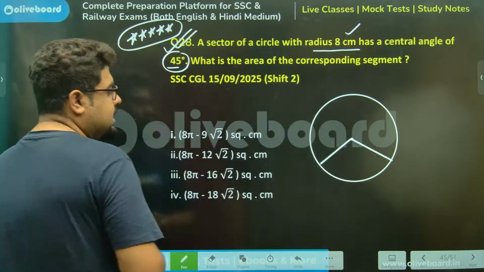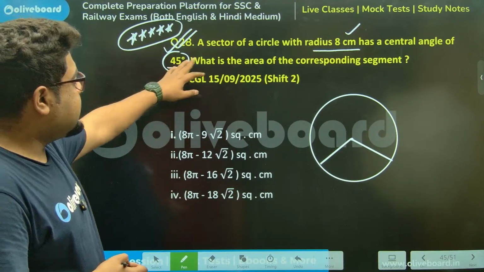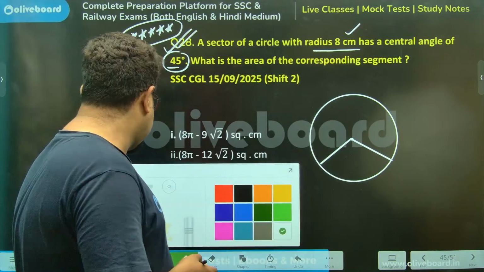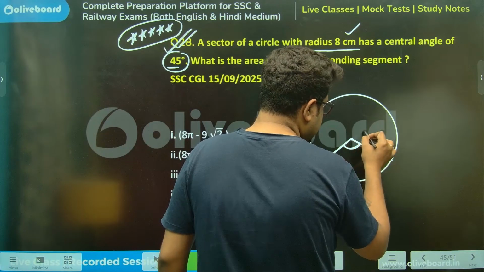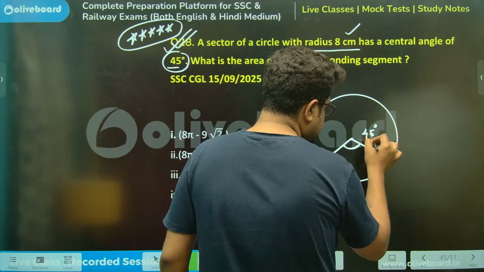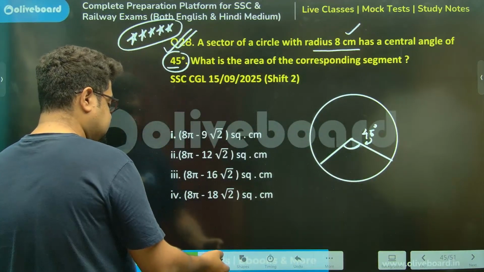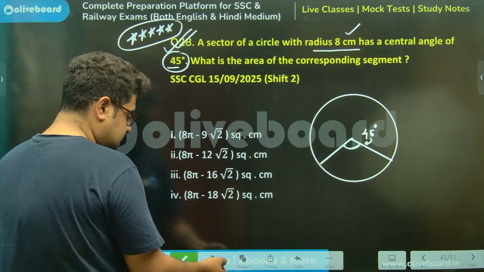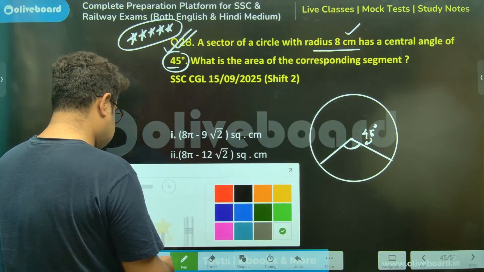Sir, this is a segment, or a sector, I should say. This is having a central angle of 45 degrees. So this is 45 degree, right? Now they are asking, sir, tell me the area of the segment.